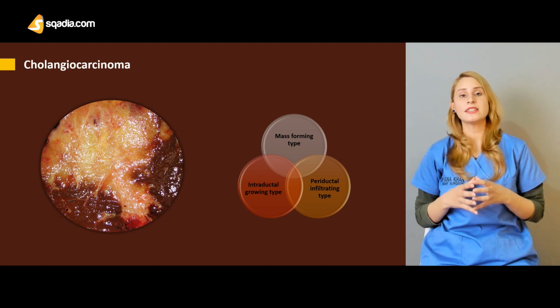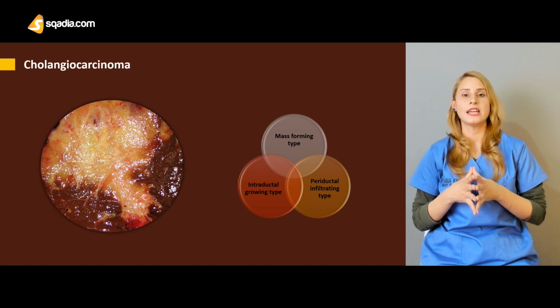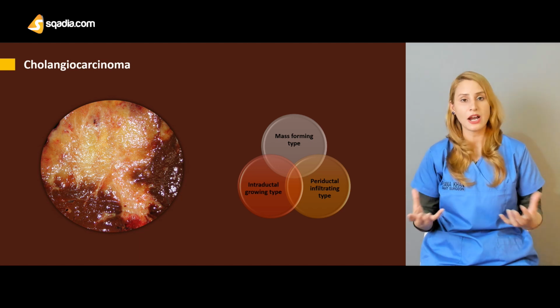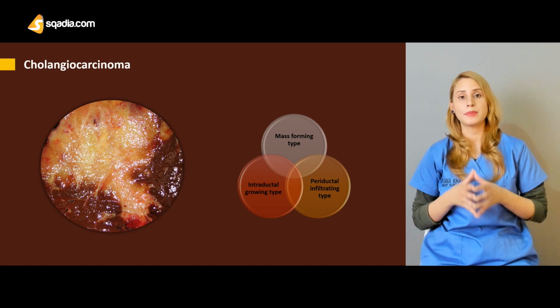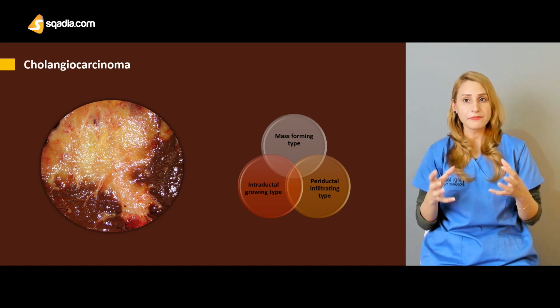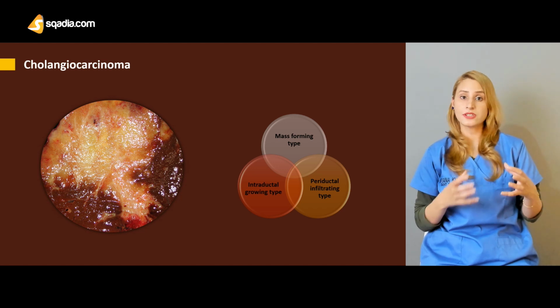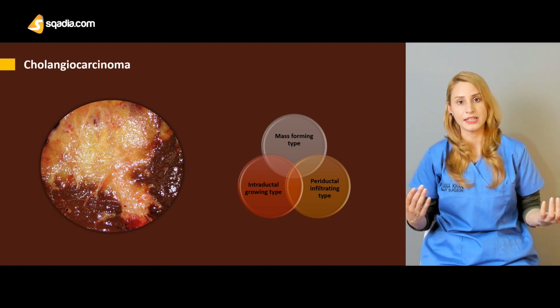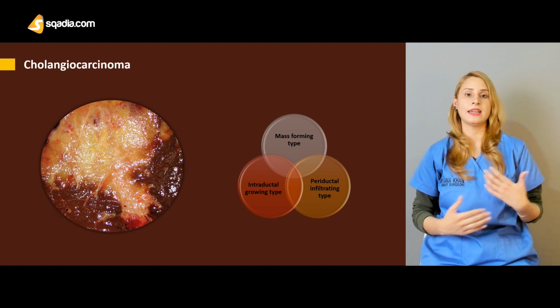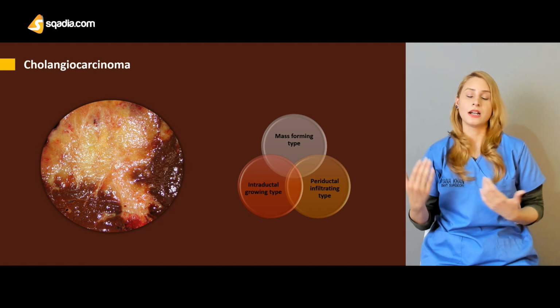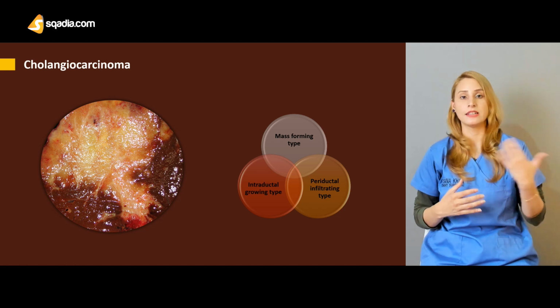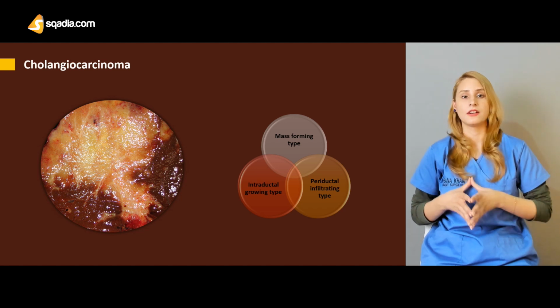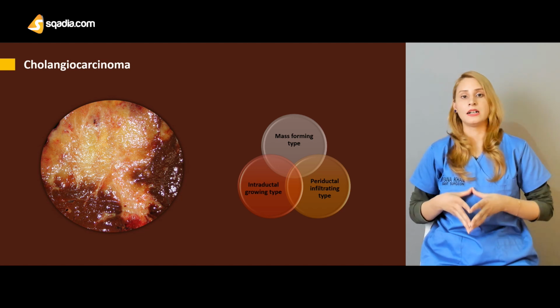The mass-forming tumors are polypoidal, and most commonly these polypoidal masses are epithelial in origin. That means the gallbladder epithelium is the culprit, and the pathogenesis lies behind the process of epithelial growth.